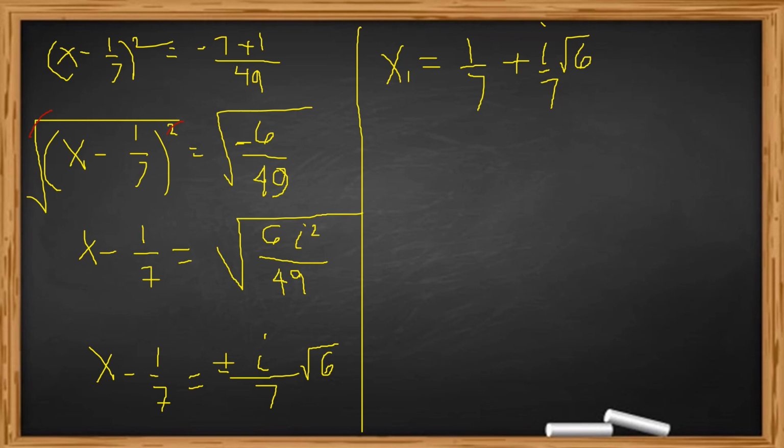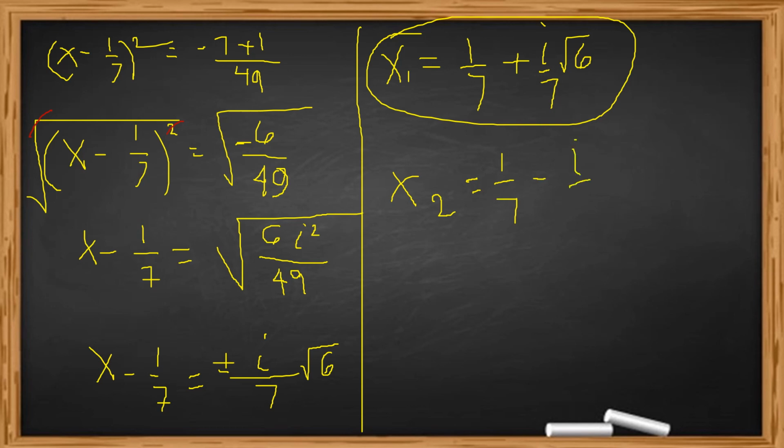Yan. So, meron na tayong x of 1. Next, sa x of 2 naman, syempre, ganun pa rin. Pag transpose si negative 1 over 7. Tapos, ang gamitin naman natin ay si negative i over 7 square root of 6.